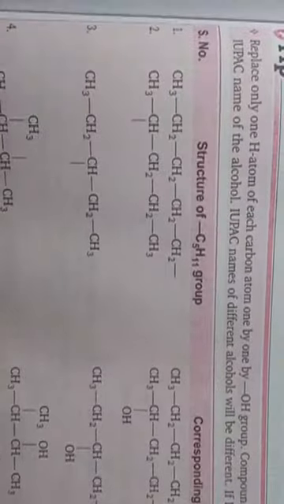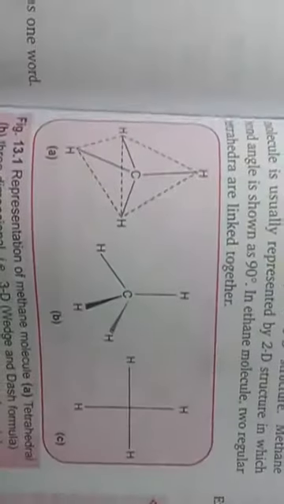But for alkyne the suffix "yne" is used, the functional group is the C≡C triple bond, and the general formula of aliphatic alkyne is CnH2n-2. So examples are there of alkanes, alkenes, and alkynes, of saturated and unsaturated hydrocarbons.